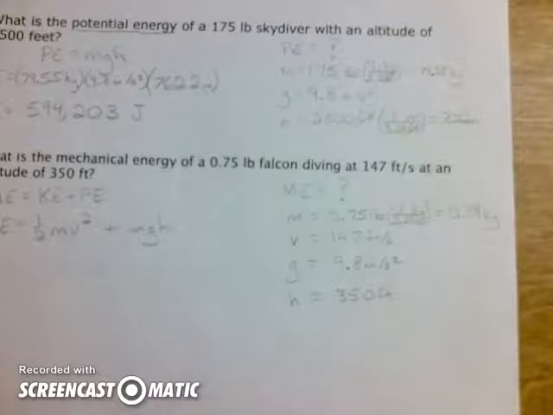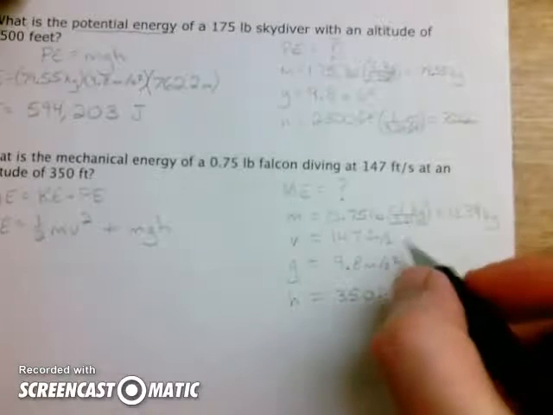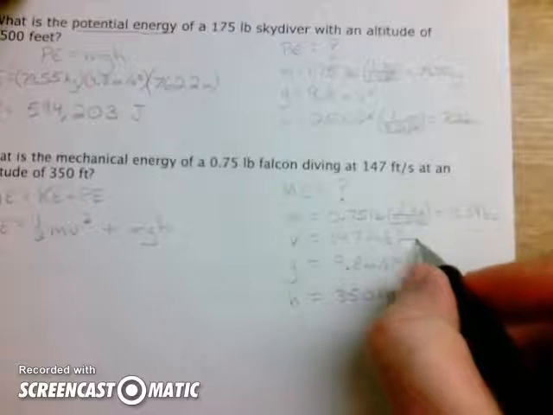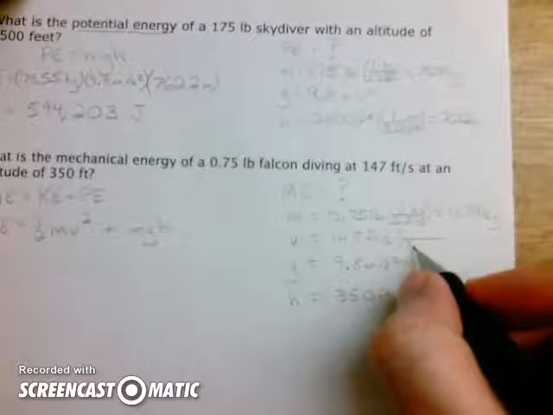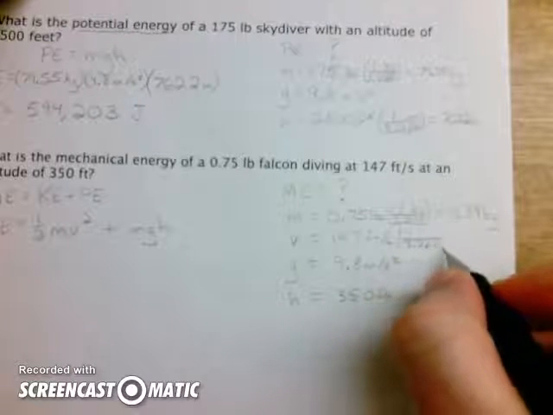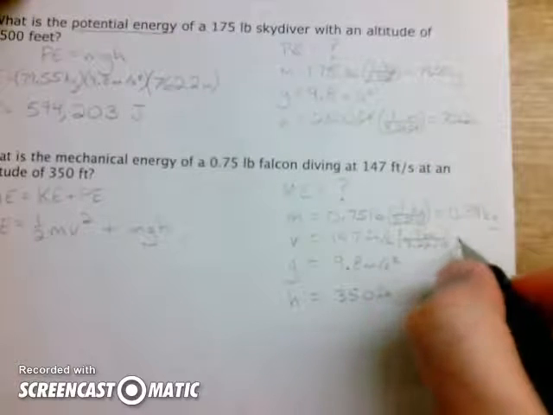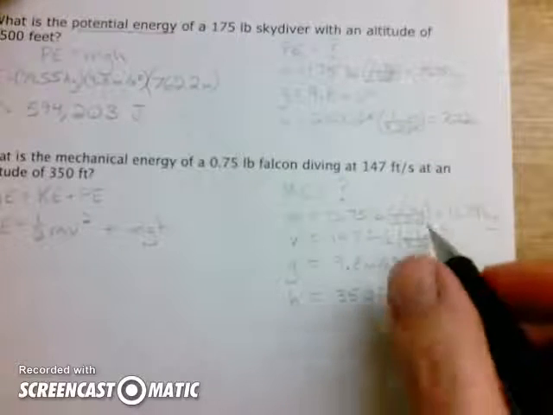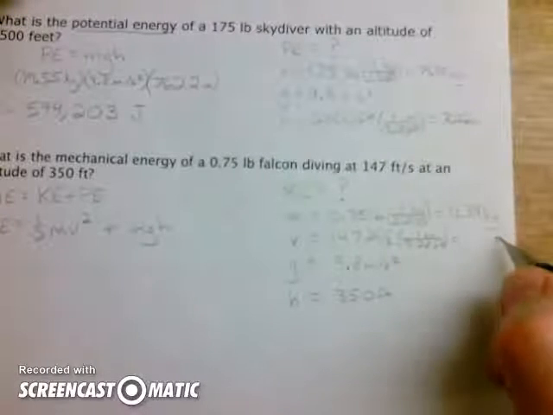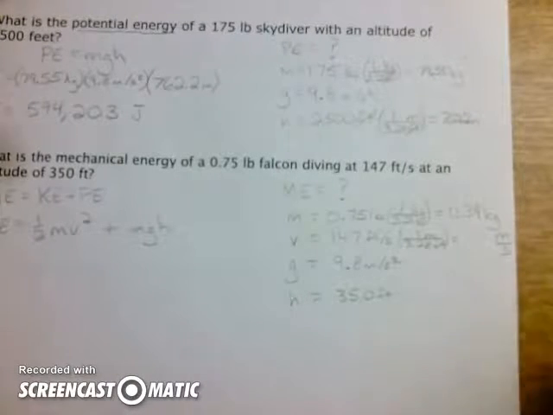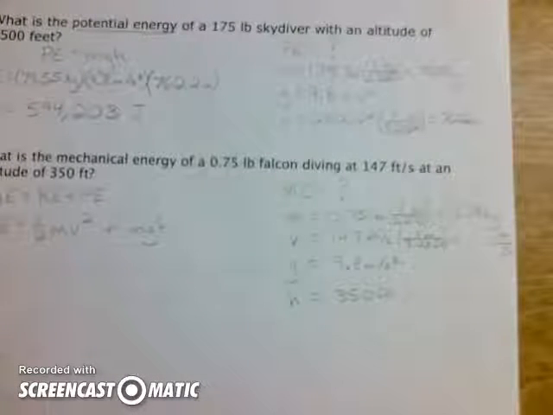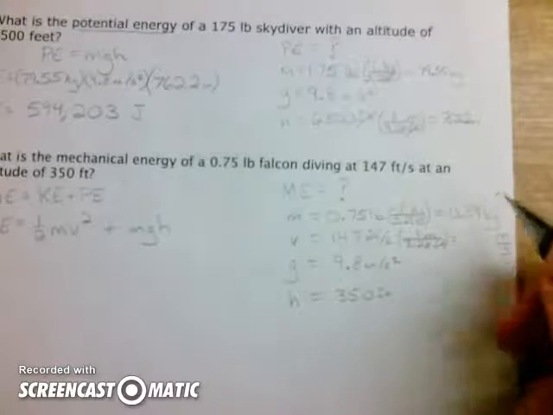Velocity, 147 feet per second, let's go to meters per second. 3.28 feet goes on the bottom, 1 meter goes on top. 147 divided by 3.28 will give me meters per second, and that's 44.8.